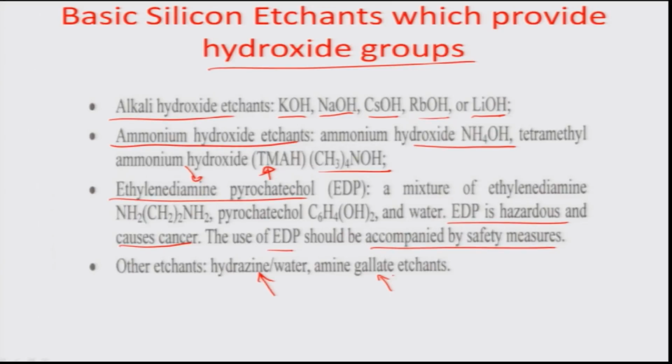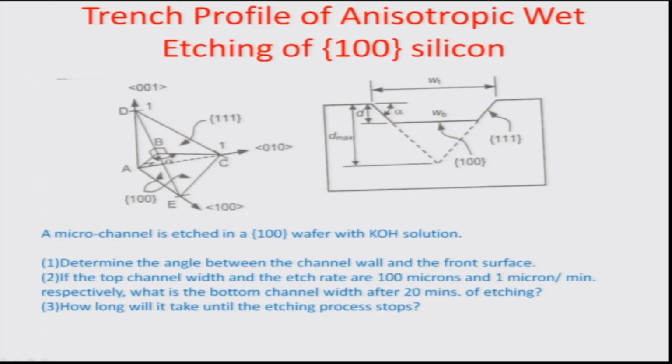So, let us look at how this overall direction formulates an angle with respect to the conventional 001 or 010 or 100 or, let us say, 111 direction, so 110 direction. In this particular example we are talking about etching a microchannel in a 100 principal direction wafer with a hydroxide etch, and we want to determine the angle between the 111 plane and the 100 plane, which is a very simple issue.